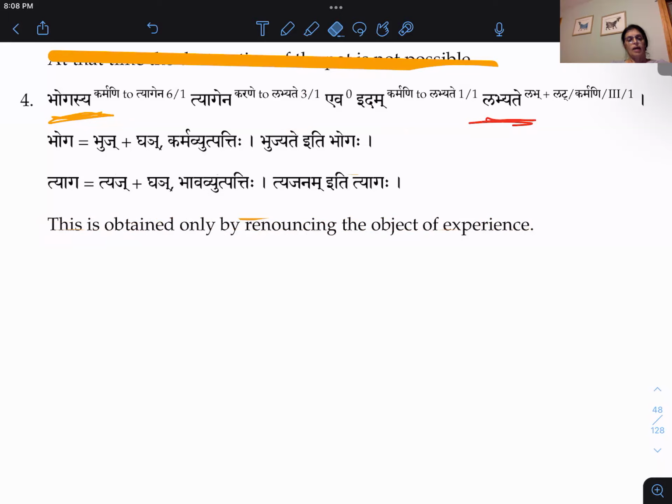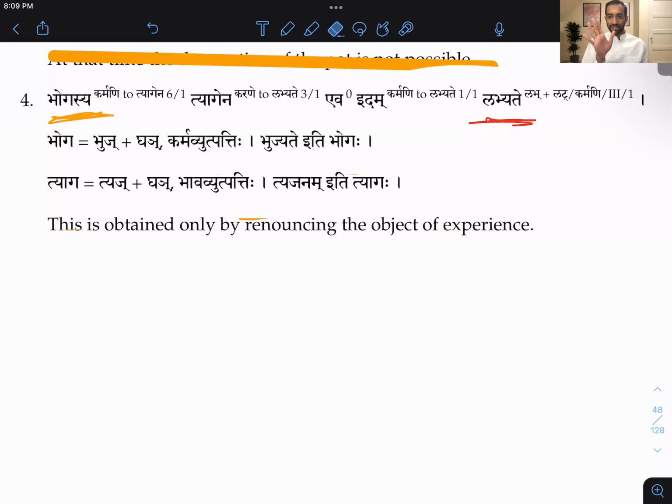Okay. I have a question here. The tyagena, so the by, in the tyagena, by renounce. So could we then say the by is the karane part of it? Renouncing is the action. So that is the bhave, the action itself. Yeah. So when we're talking about vyutpatti, that's talking about the pratipadika itself we're making.